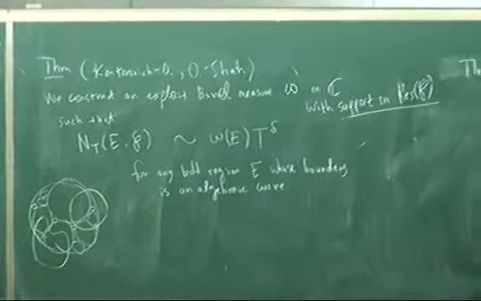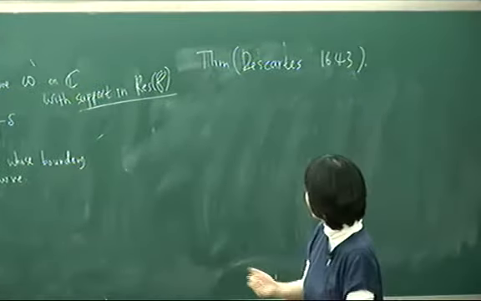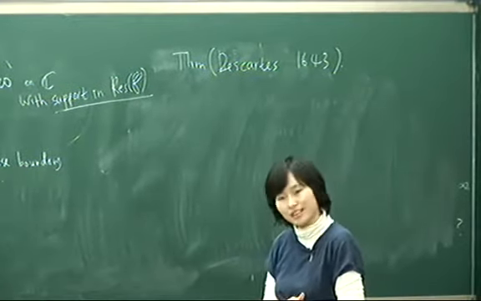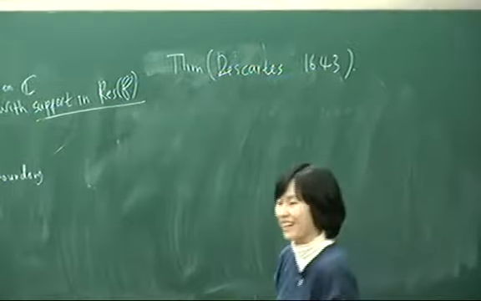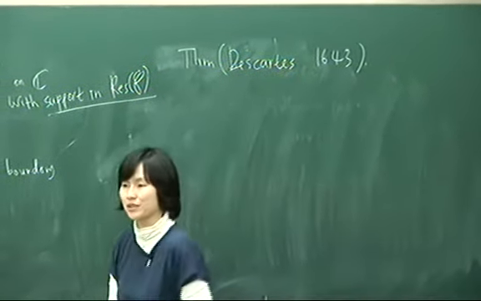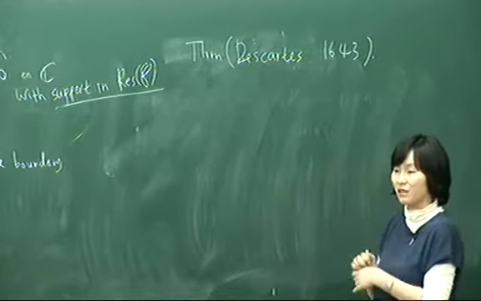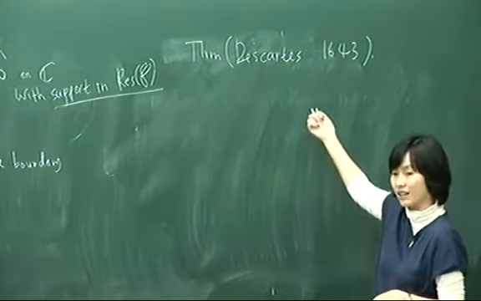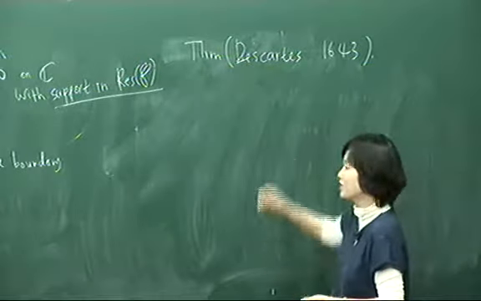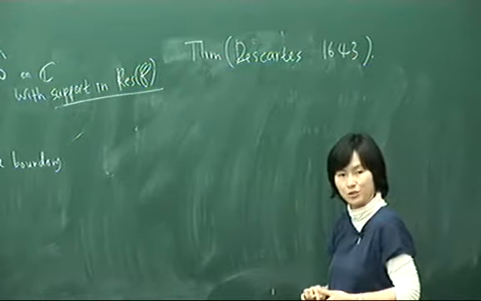Actually, in those days, he wrote this theorem in a letter to Princess Elizabeth of Bohemia. I realized this princess was very smart and very good at math. So she was communicating a lot of letters about math with Descartes, and Descartes wrote this formula in one of the letters to her.